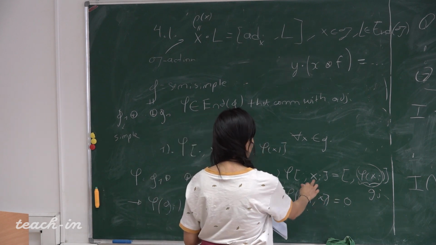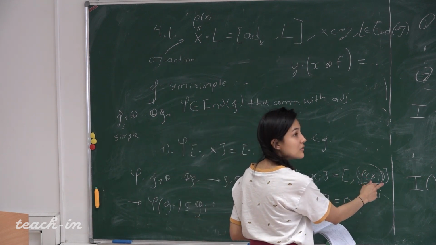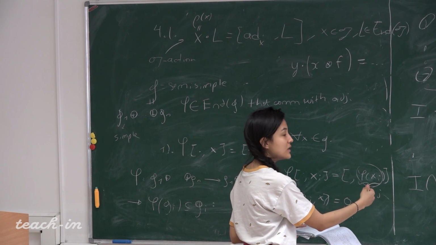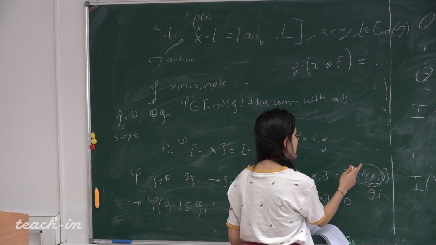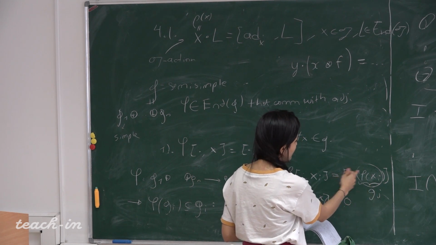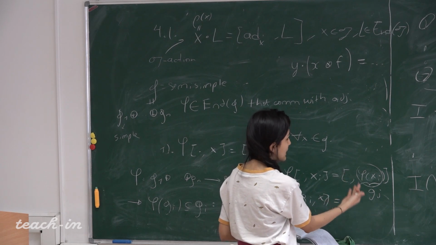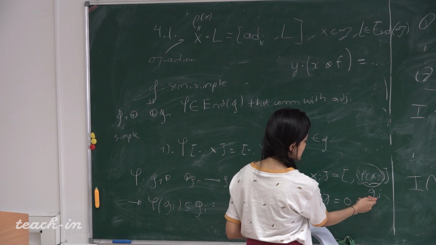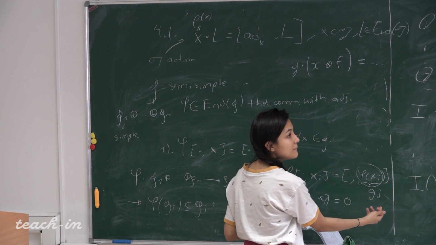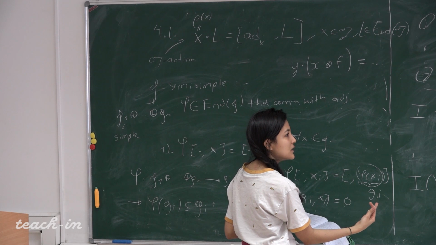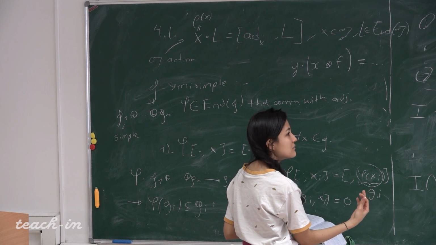We cannot have a non-trivial element for which this is 0, because for any element here, the bracket would be commutative, so it would be in the center, but the center of Gj is trivial. That's what I wanted to obtain, but I don't see it clearly now.